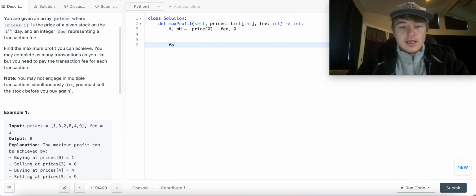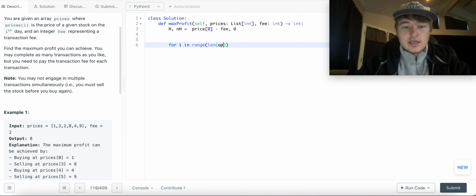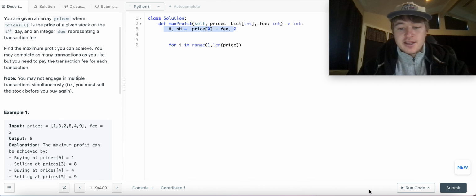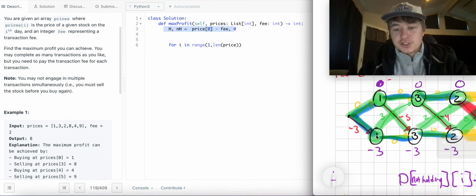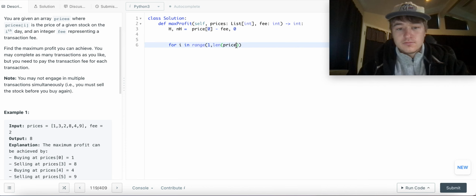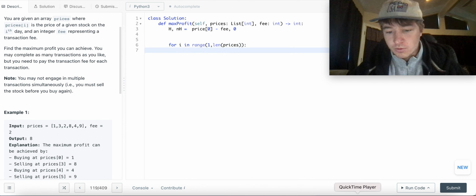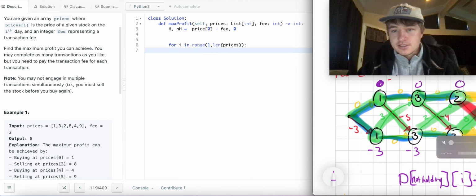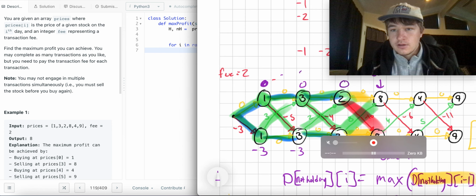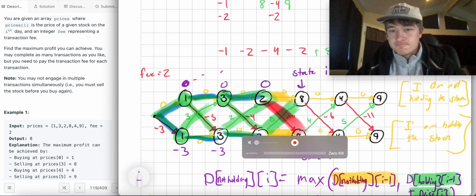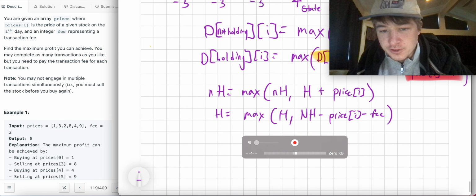Okay. And then we'll look at i for each day, i in range length of prices. Well, we don't have to look at the first day, because we've already accounted for the first day here. We've already transacted. We're going to start in this state here. Okay. And then what are we going to do? We'll just update this system using this recurrence relationship.